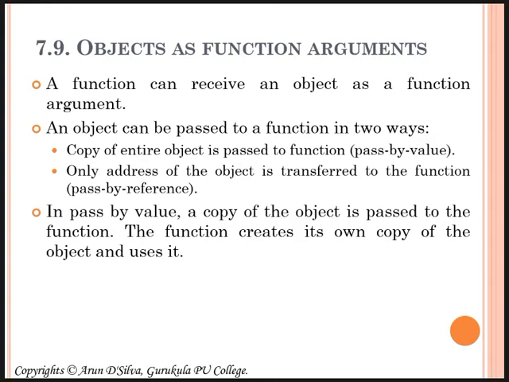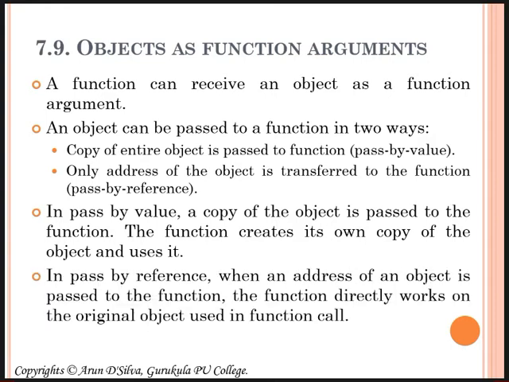The second one is pass by reference. When the address of an object is passed to the function, it directly works on the original object used in the function call. That means the changes made to the object inside the function will be reflected in the original object, because the function is making changes in the original object itself.